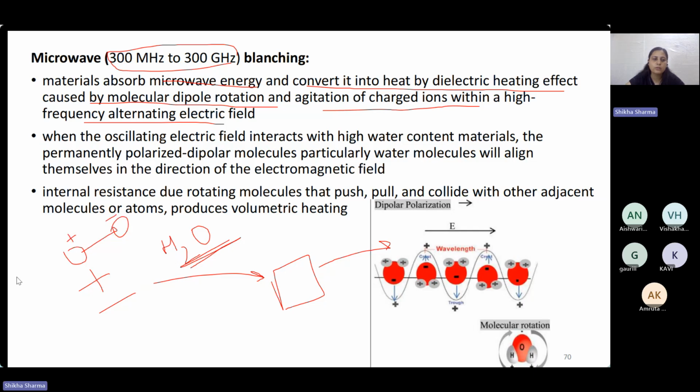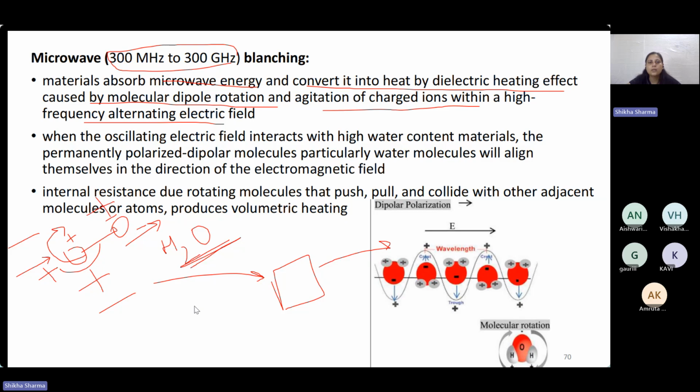If the positive electric field is on this side and negative on this side, the molecule will try to align itself, and then if the field alternates, the water molecule will again try to align itself.